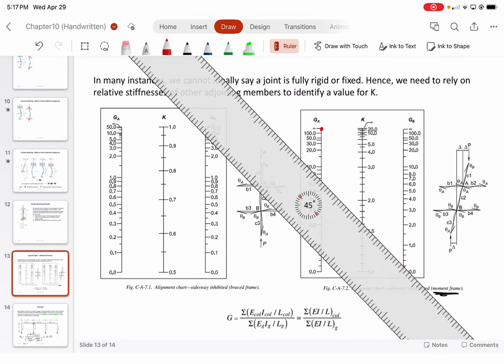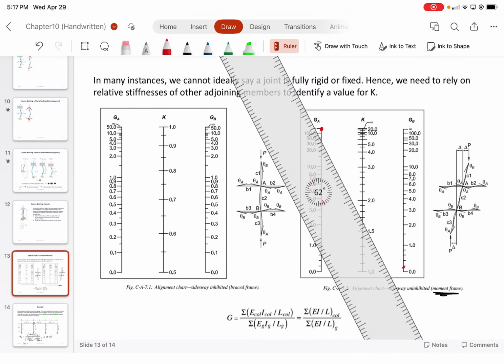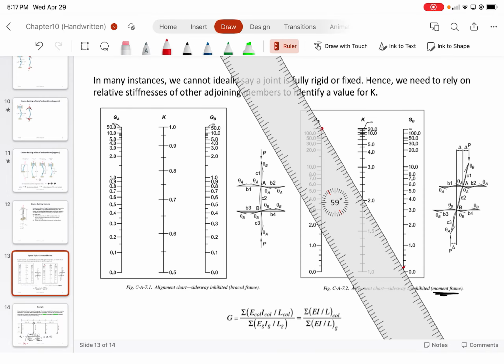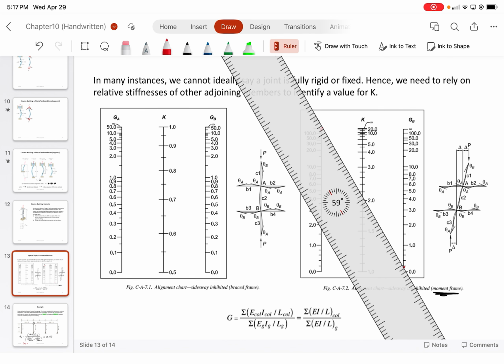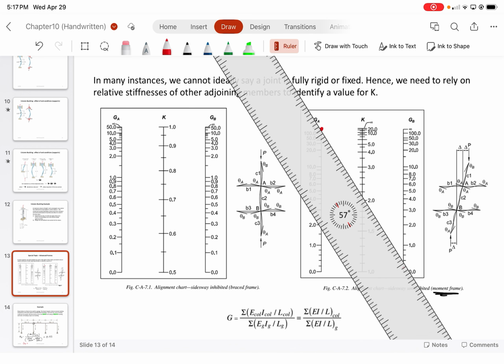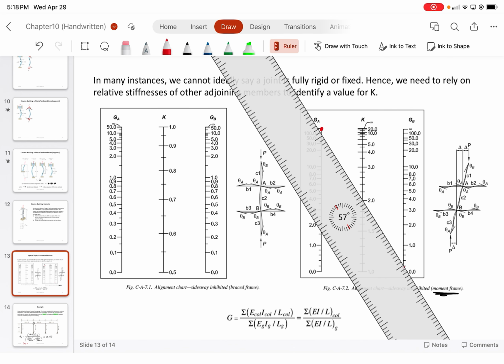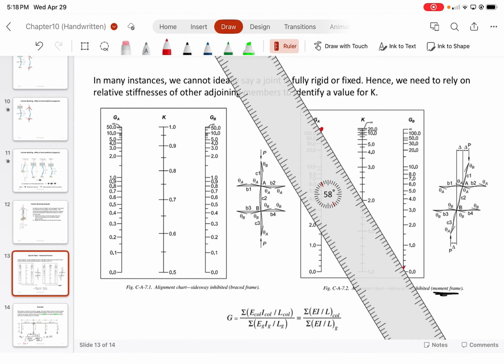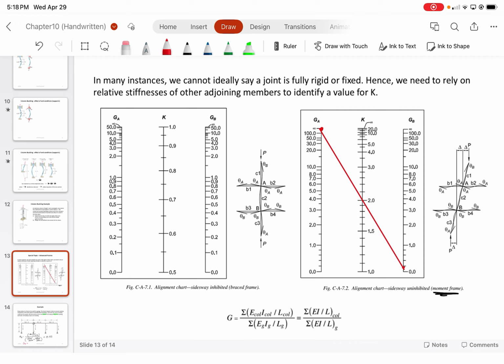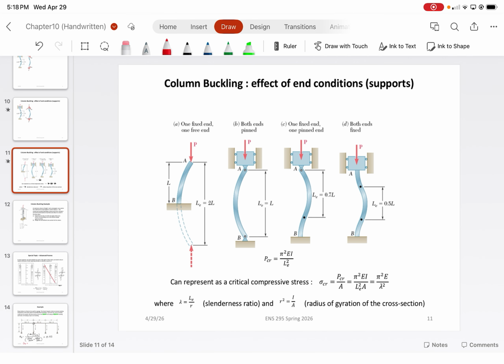So then you take your nice ruler and you just try your best to basically determine an approximate K value. There we go. And with this, we get roughly a K value of around 2.